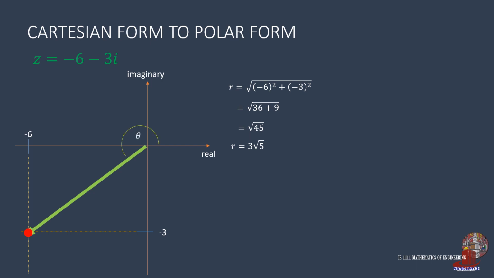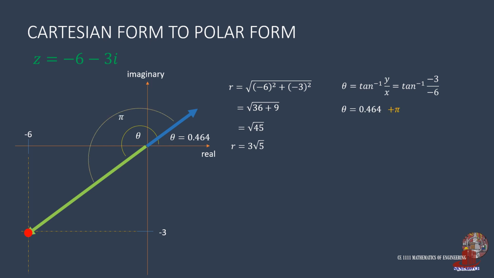Theta is the inverse tangent of y over x, that is the inverse tangent of -3 over -6, giving theta as 0.464. Take note that this is in radians, where pi is 3.1416. Thus, theta is located in the first quadrant, oppositely located from the vector of our concern.